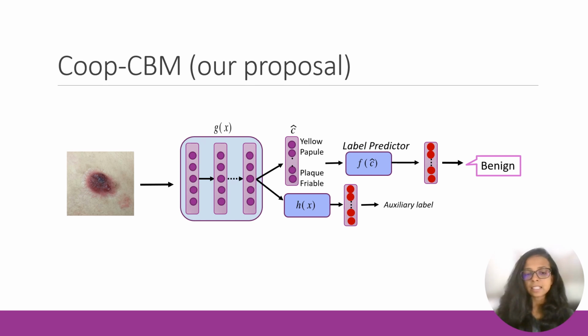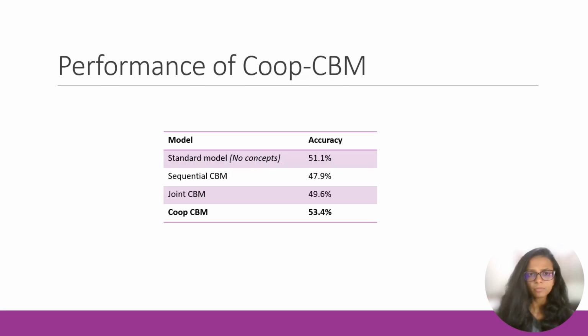So in essence, h of x is encoding the residual of the label information that is absent in g of x. When we look at the performance, we observe that coop CBM not only does better than standard models, but also does much better than any other CBM models.